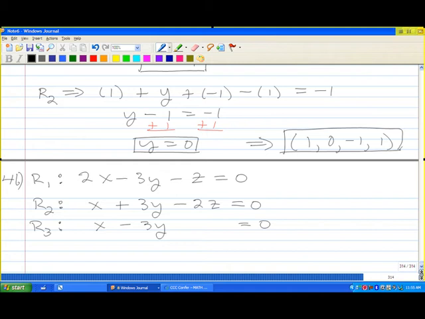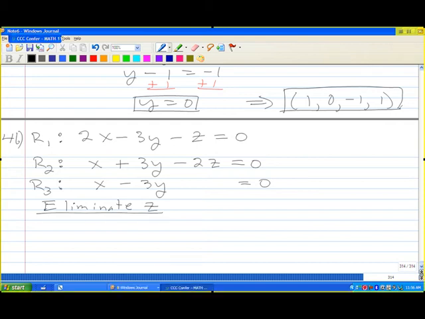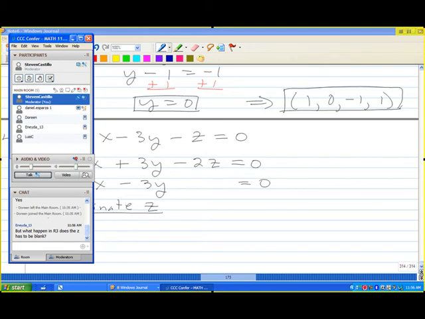Okay, so let me try to solve this system. So let's eliminate z, since R3 does not contain z, so I'll try to eliminate z. Right.